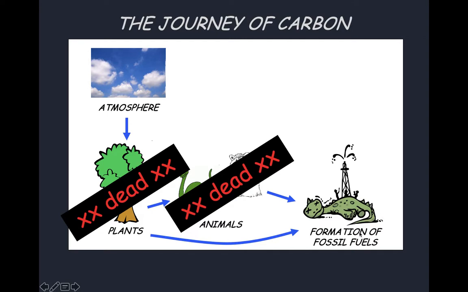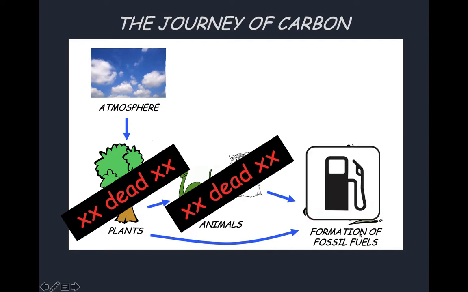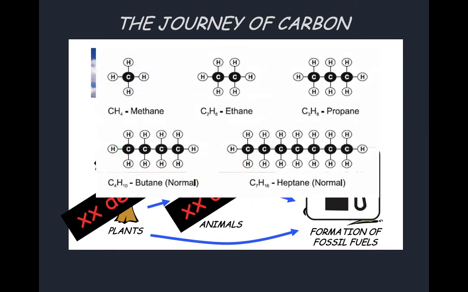Okay, it's mostly dead plants that form fossil fuels, and that is our main source of energy at present. Again, all fossil fuels are carbon and hydrogen based, so it should make sense that our plants and animals, which are organic substances, are forming them.